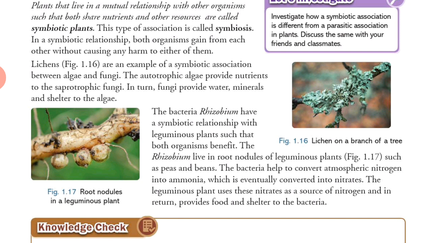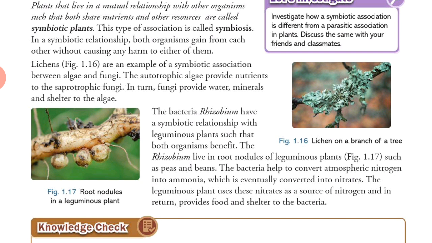It gets converted and then it is utilized in soluble form by the plants, and from plants human beings also utilize this. In this way the atmospheric nitrogen is converted by the rhizobium bacteria in leguminous plants, and then it is usable for plants as well as for human beings.